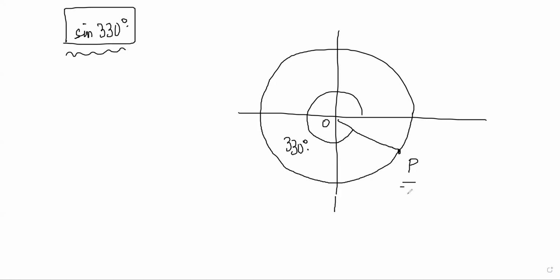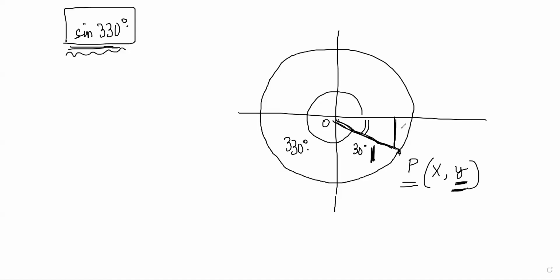What have I learned about cos and sine? Cos will be the x coordinate and sine will be y. So if I need sine 330 degree, I need the y coordinate of this point, right? Yes, sir. So if this angle is 330 degrees, this much is 30 degrees, right? Yes. I will just draw a right angle triangle and I know radius of the circle is 1.